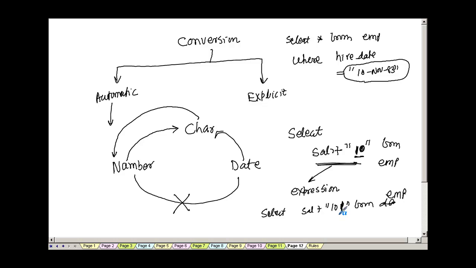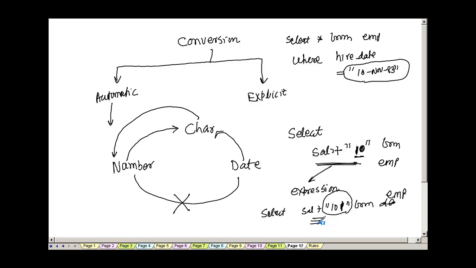It cannot be. So that's why this is going to give an error, okay. So look at what is there inside. Whatever is there inside, if it can be a number, then Oracle will convert and give you a result, okay.